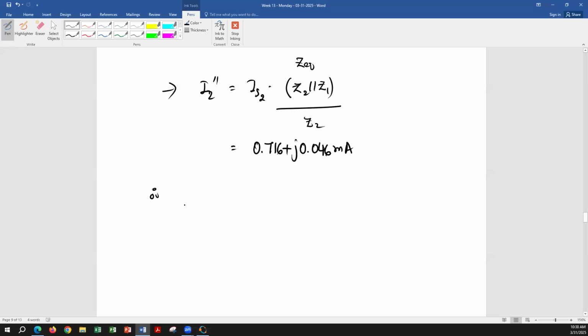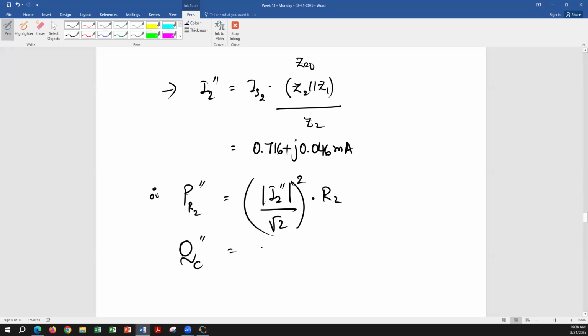Therefore, power in R2, I'm going to call it PR2 double prime, is equal to the magnitude of I2 double prime divided by square root of 2, squared, times R2. QC double prime is the magnitude of I2 double prime over square root of 2, squared, times XC, and don't forget the negative sign.